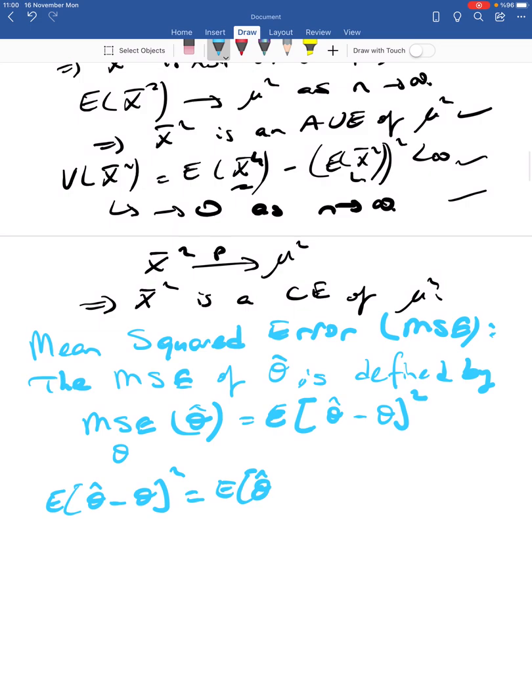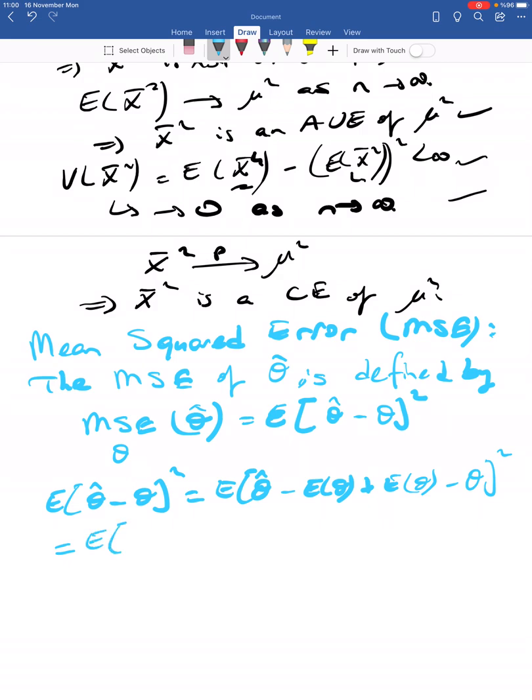Let's add and subtract the expected theta hat term here. Expected theta hat minus theta whole square.